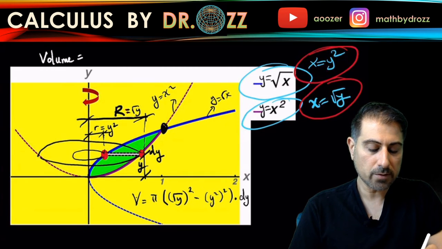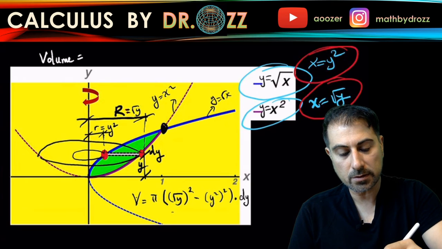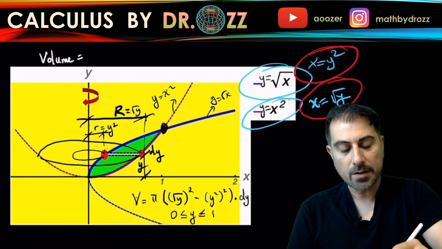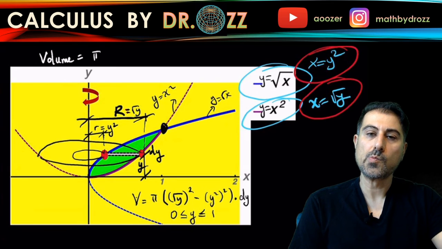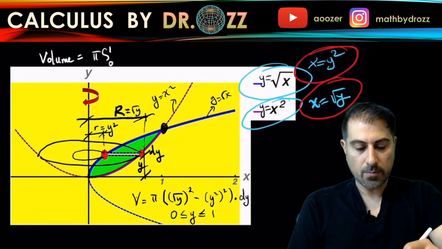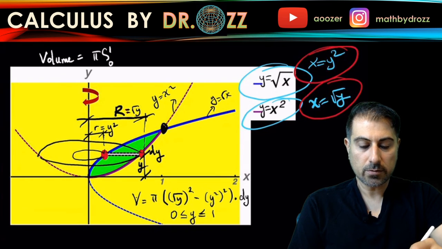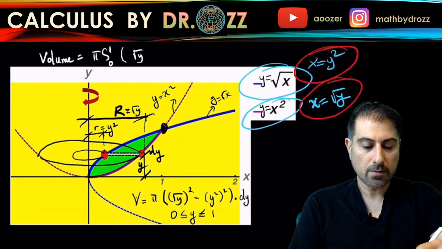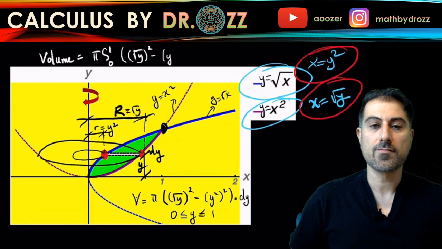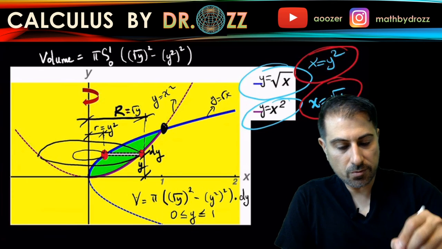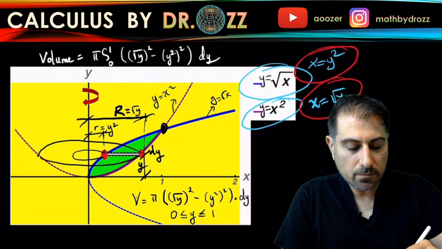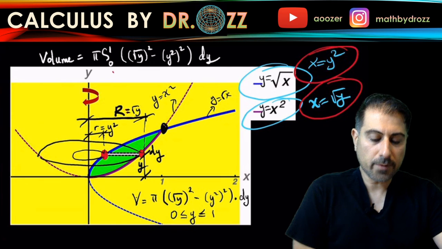So this integral is going to be pi integral from 0 to 1 of radical y squared minus y squared squared dy. And what did we use here? The washer method.